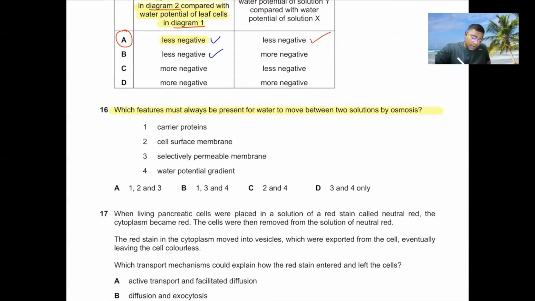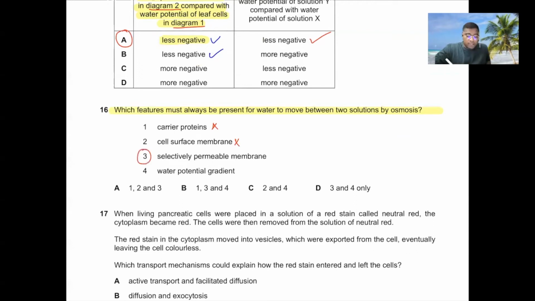Well, we do not need carrier proteins to move water. We also do not always need a cell surface membrane to move water between two solutions by osmosis, but we definitely need a selectively permeable membrane.